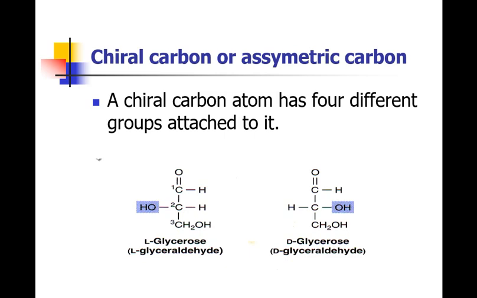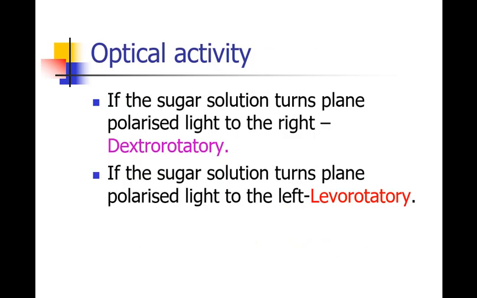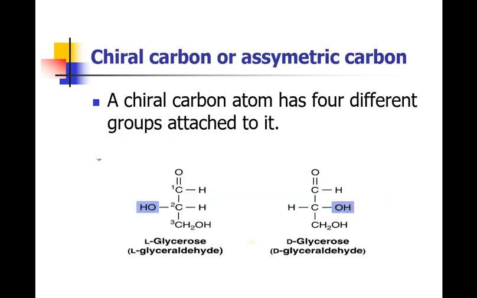See here, there are 3 carbons, and the second carbon has a CHO group, a hydrogen, a CH2OH group, and an OH group. So there is one asymmetric carbon atom in glyceraldehyde. There is a formula for calculation of isomers, that is 2 to the power of n.